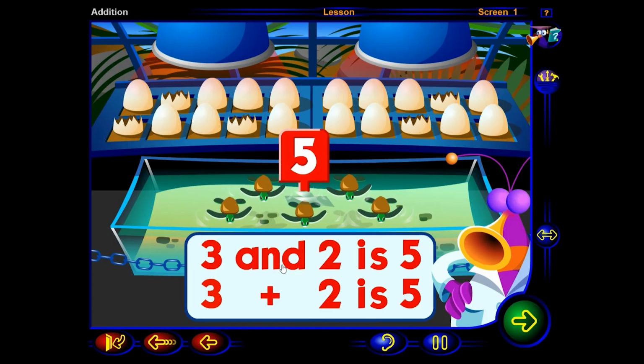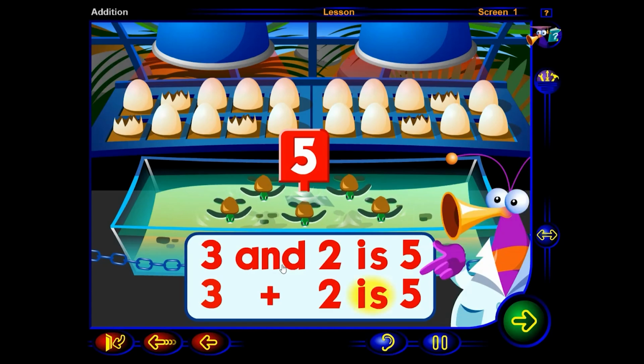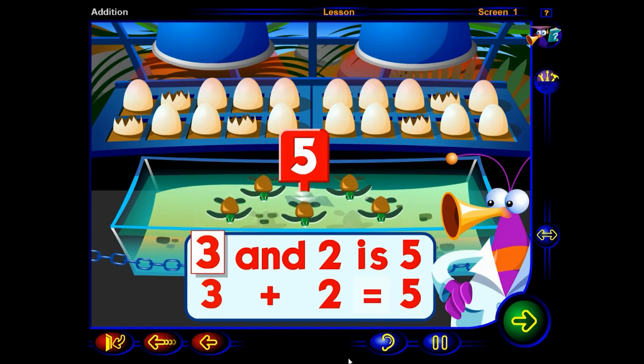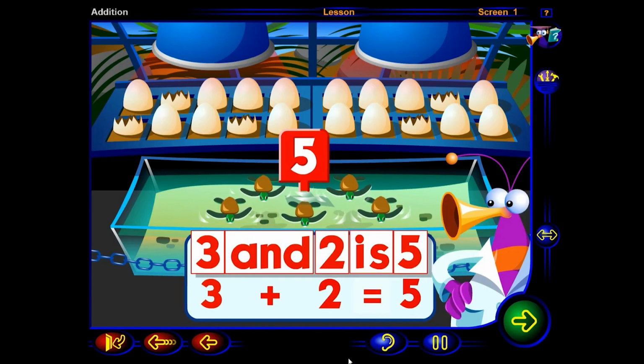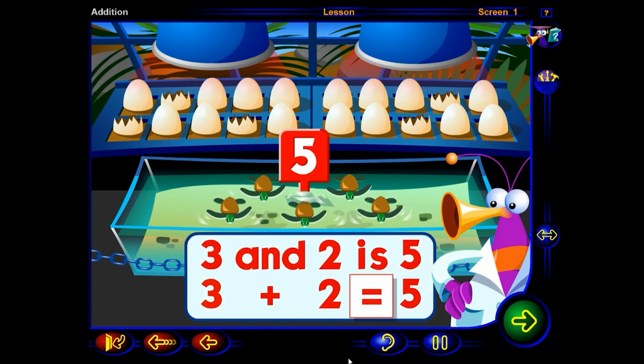Now, click on this word. 3 and 2 is 5 can also be written as 3 plus 2 equals 5. The equal sign shows that when we add 3 and 2 together, we get 5.